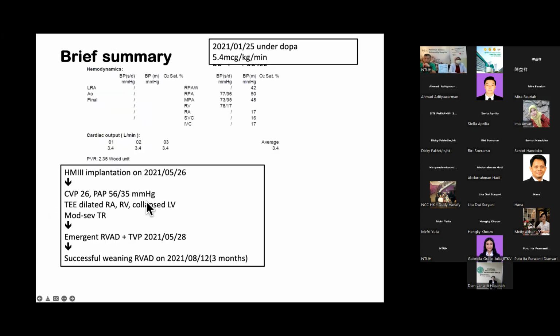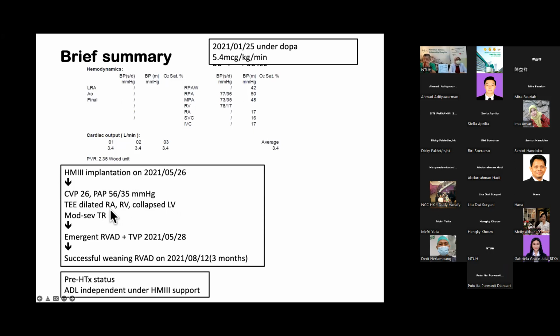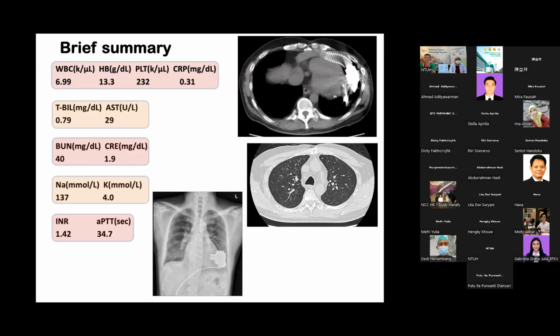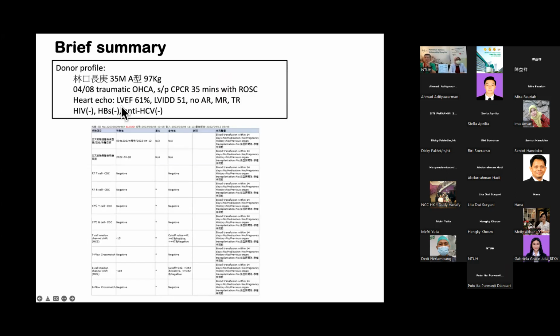Even under the Harmony 3, the pulmonary artery pressure is still relatively high. So that's why we would like to pick a big heart from the donor for the recipient. This is another important issue.